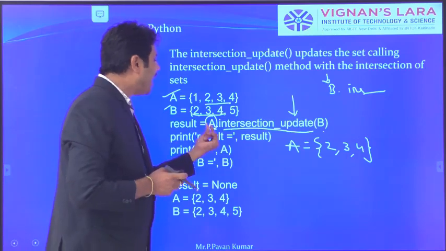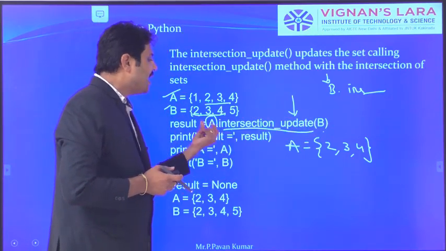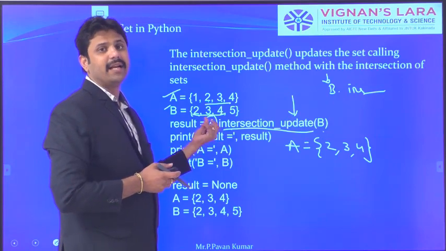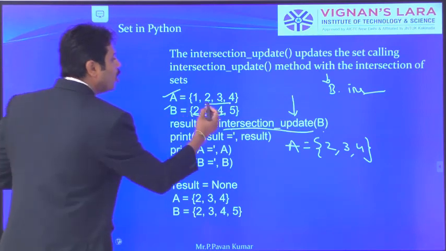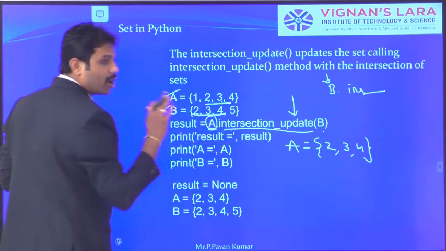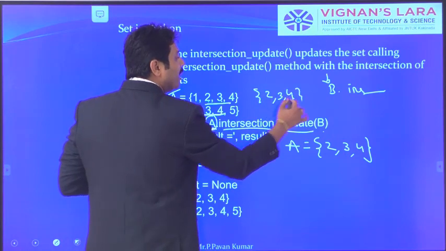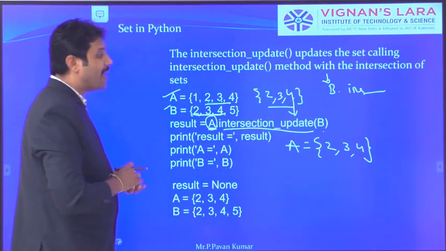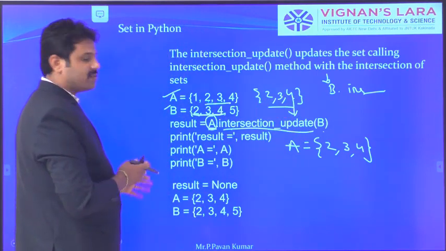If you use A dot intersection update of B, it updates set A with the output. What is the output here? 2, 3, 4, the common elements. That's why your output is 2, 3, 4 if you apply the intersection operator. Intersection update updates A only. That is the difference.